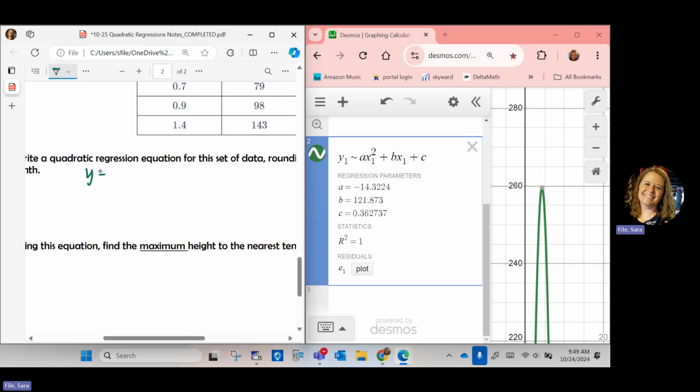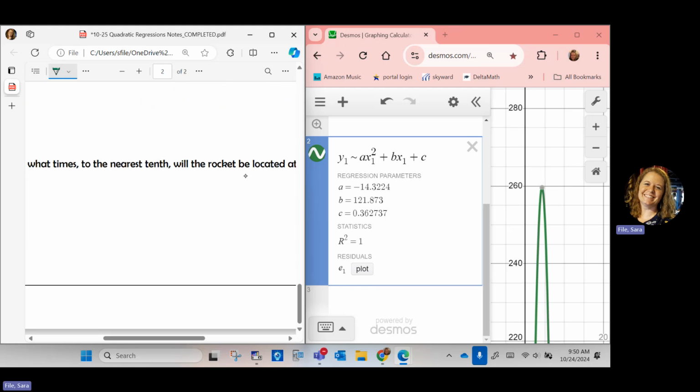So this would be negative 14.3x squared plus 121.9x, and then my C would be 0.4.